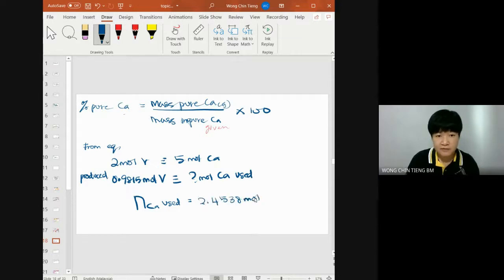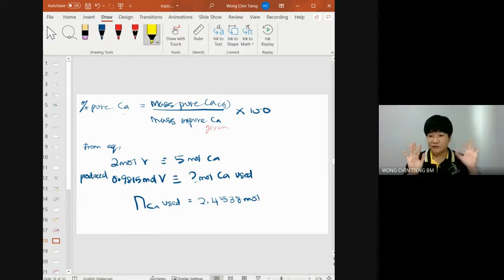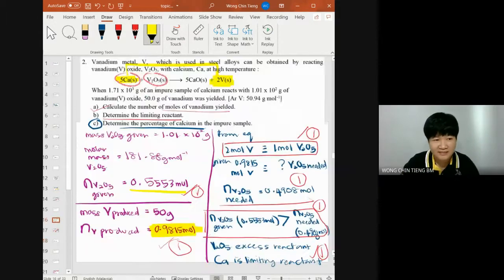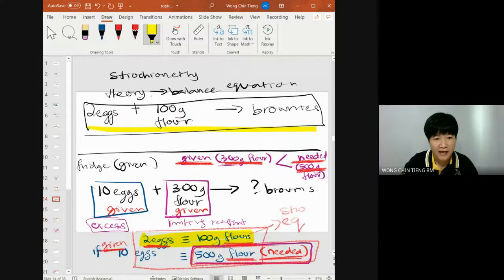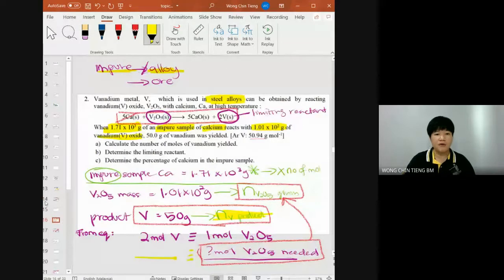Mole. And next question. Earlier Miss Wong insisted so much at the beginning when we discussed this question that you cannot calculate the number of mole of calcium from this impure mass. Right? I said that you cannot calculate the number of mole because in this mass, you have so many other things. So you cannot divide with the molar mass of calcium to find the number of mole.